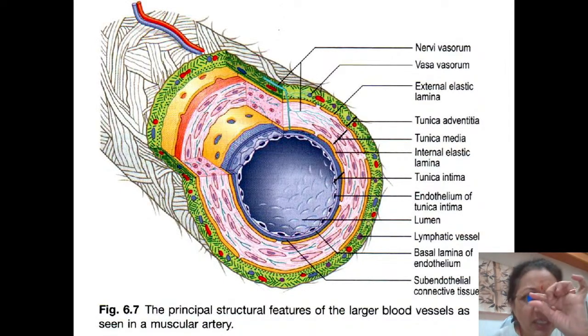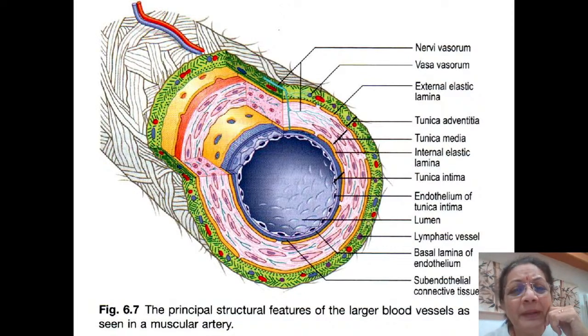So the tiniest vessels of the smallest dimensions, we call them capillaries. I think you already know that. They won't have a media or externa, but they'll have the tunica intima structure. They'll have an innermost endothelial lining. So 4-5 capillaries are coming as branches of one arteriole.